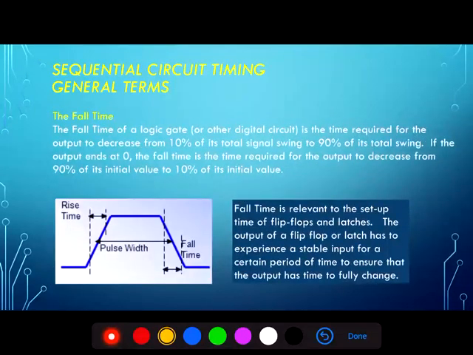The fall time is very similar, and it's the time required for any signal in a circuit to go from its 90% point to its 10% point, where again the 90% point is 90% of the total range, or delta, and 10% is 10% of the total change in the signal, going from high to low this time instead of low to high.